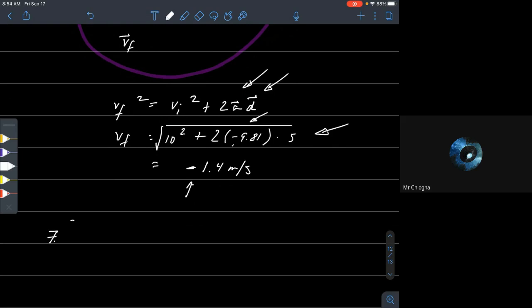Okay, number 7. Make a list. So notice it says here, regarding the distance, it's up the incline, so it's positive.